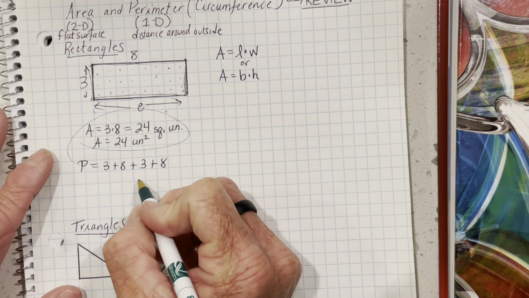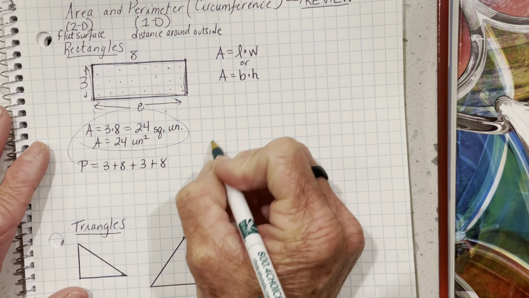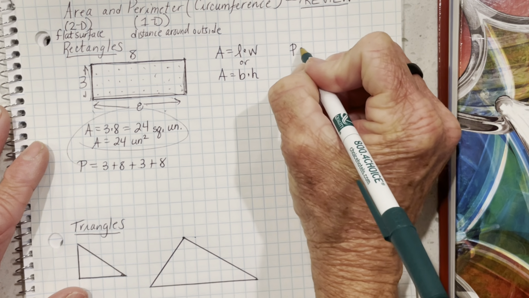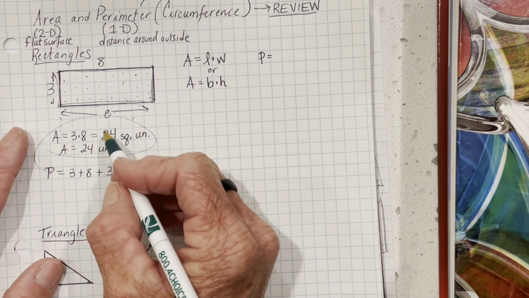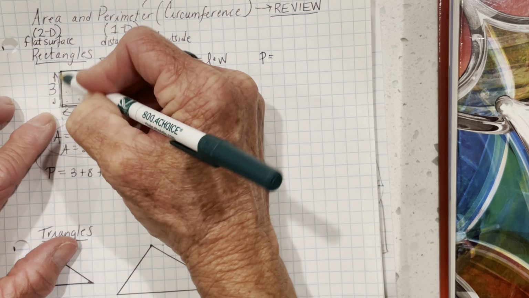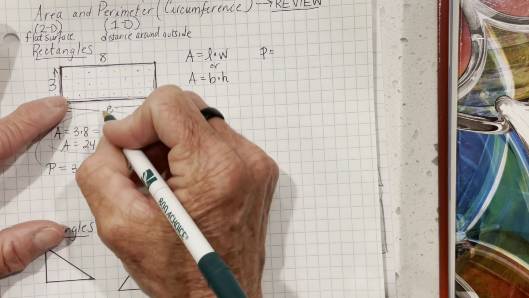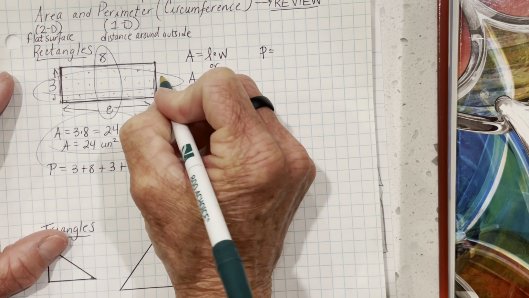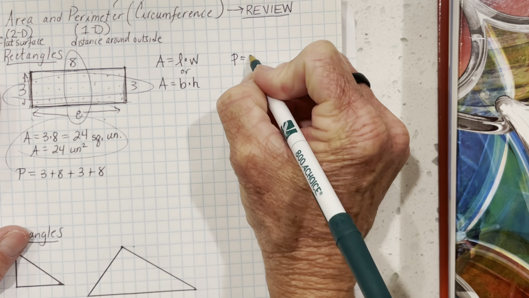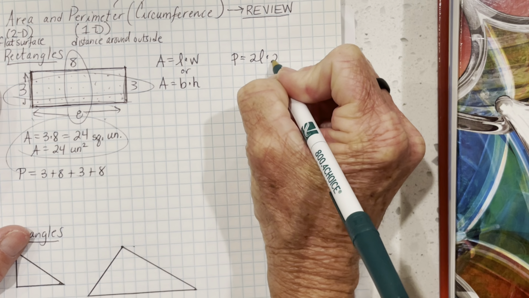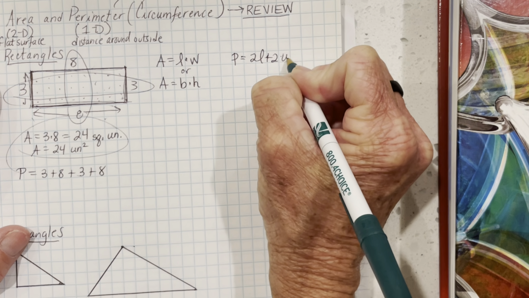So you've probably seen the formula for perimeter as, and again, this could be the length and this could be the width, but there are two of each of the dimensions in a rectangle. So you've probably seen it as 2 times the length plus 2 times the width.